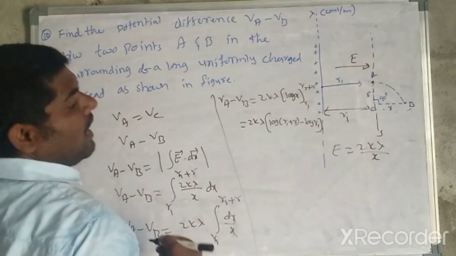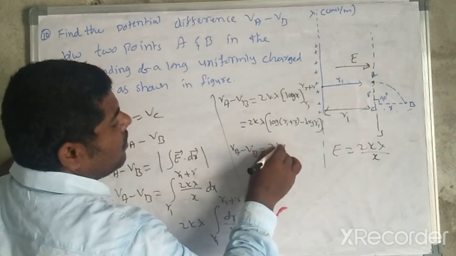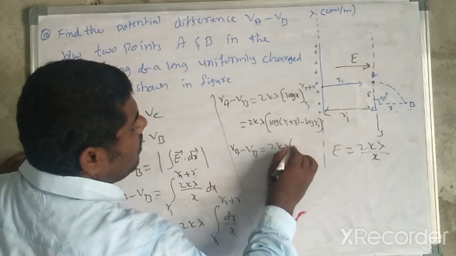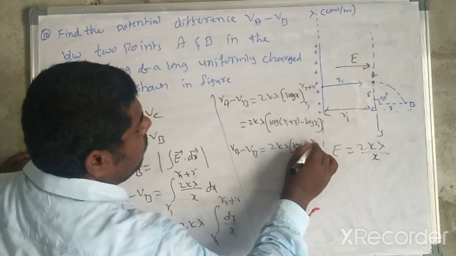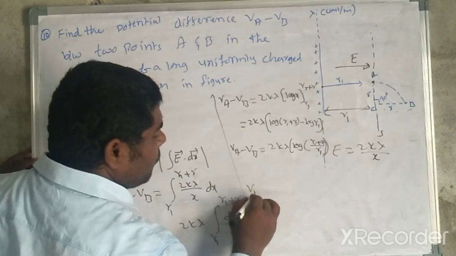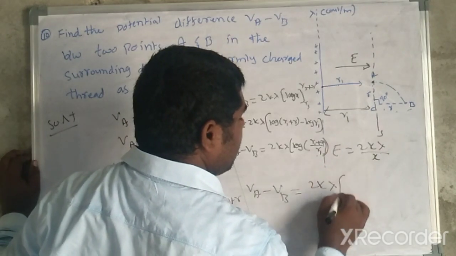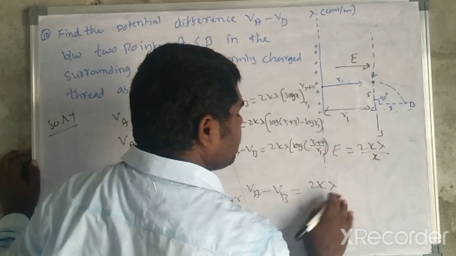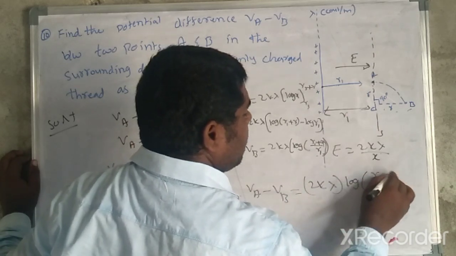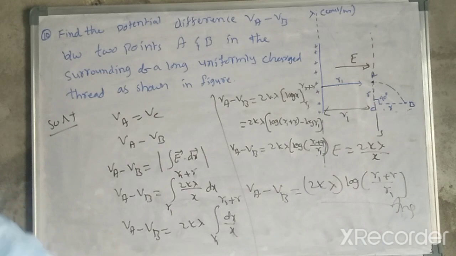Log A minus log B is log A by B. So VA minus VB is equal to 2k lambda into log of (r1 plus r) divided by r1. This is the answer to the question.